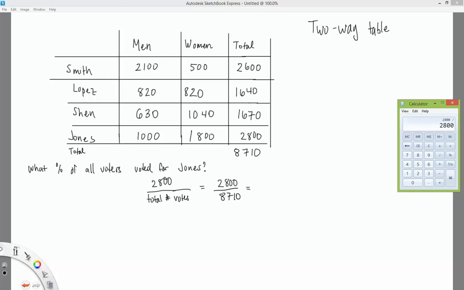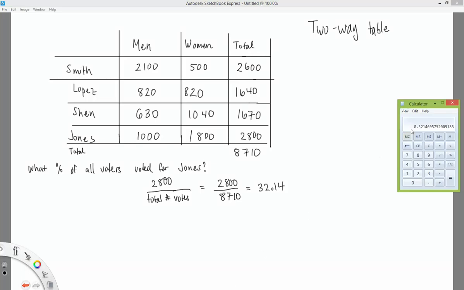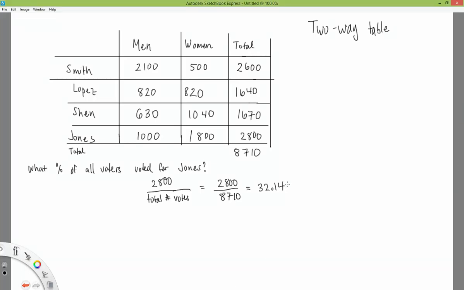That gives 32.147%. Okay, we probably don't need that many decimals of precision. Now, this is not the section on significant figures, but how many significant figures would our answer have if we did a percentage?